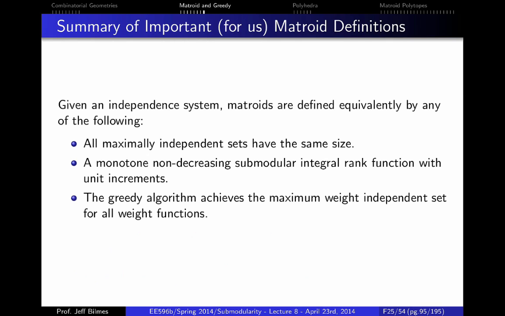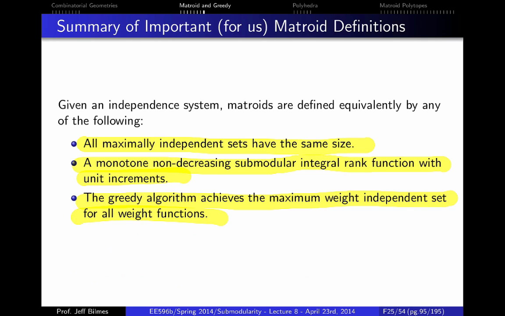Given independent systems, matroids can be equivalently defined either by all maximally independent sets having the same size, or a monotone, non-decreasing, submodular, integral, unit increment rank function, or alternatively, the greedy algorithm achieves a minimum weight independent set for all weight functions.